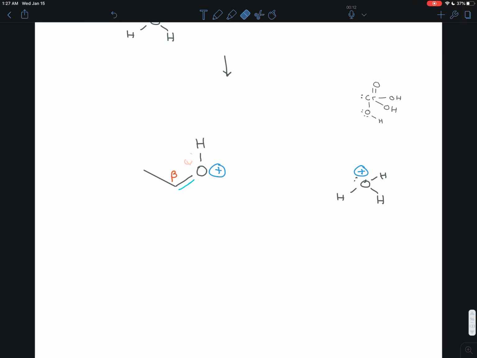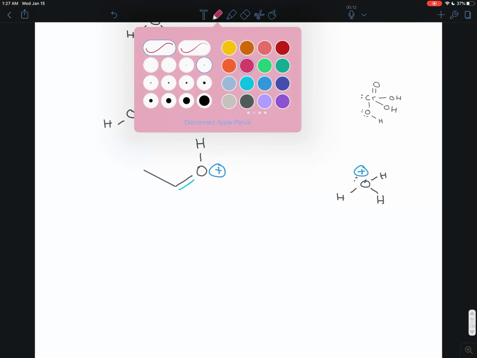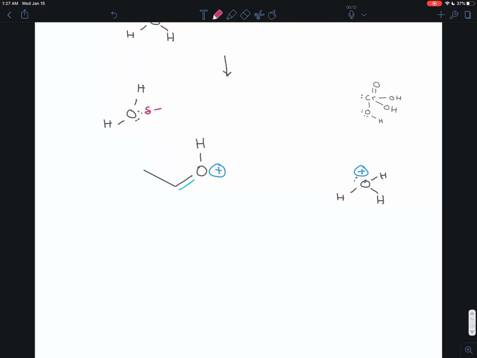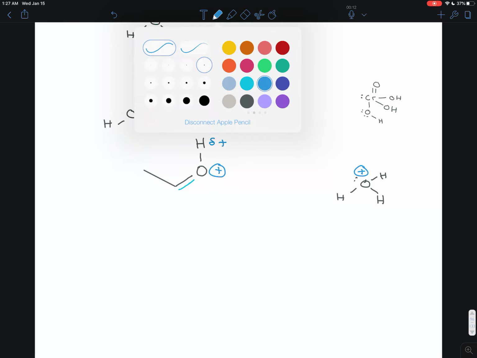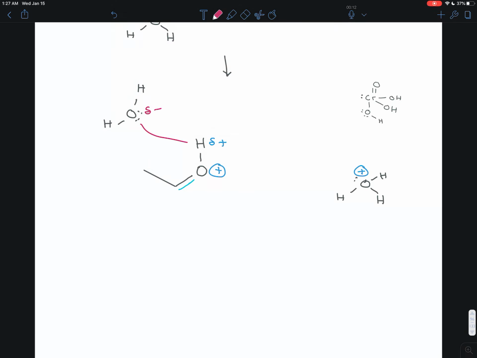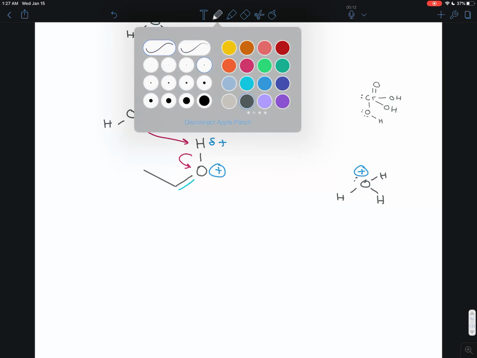It's not quite stable yet, so we're going to stabilize that by doing a proton transfer. So we can take another water molecule. The oxygen there has a slight negative charge. The hydrogen here has a slight positive charge. And so the oxygen can swoop in, steal that hydrogen, the electrons snap back onto this oxygen.